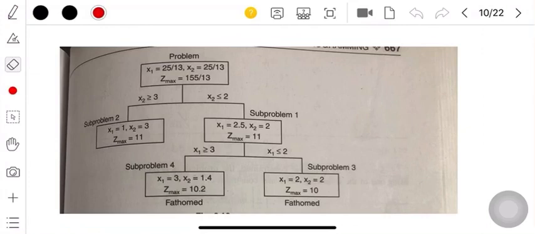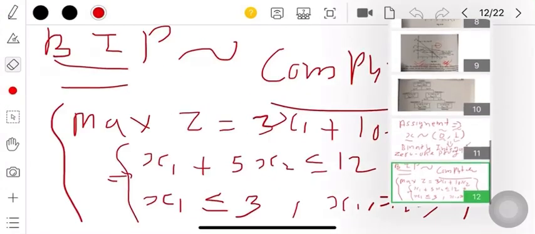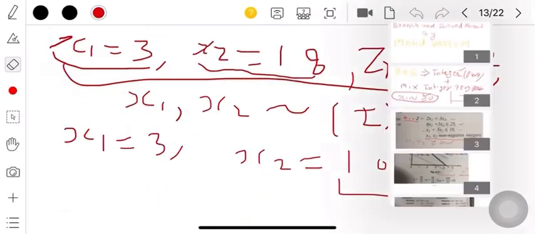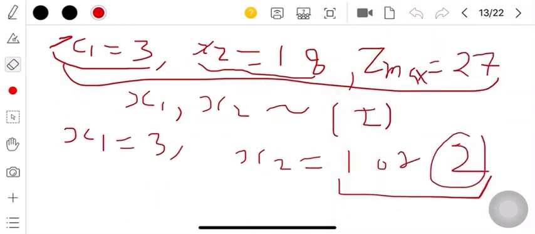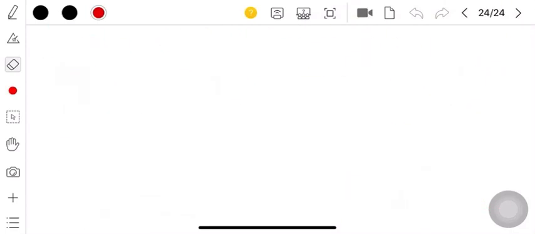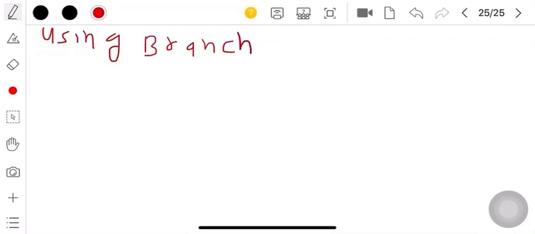Now I am giving you a few questions which you need to solve using the branch and bound method.